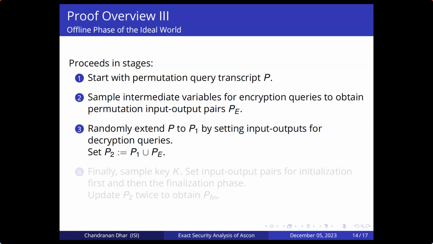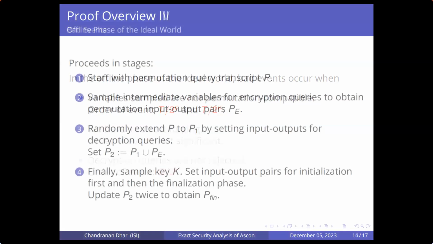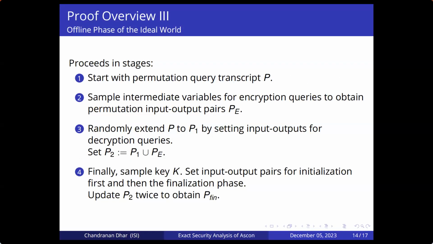So we do a random extension, and we get P as a union of P1, which we got by random extension, and the original P. Finally we sample the key K, and we set the input output pairs first for the initialization phase and then for the finalization phase.